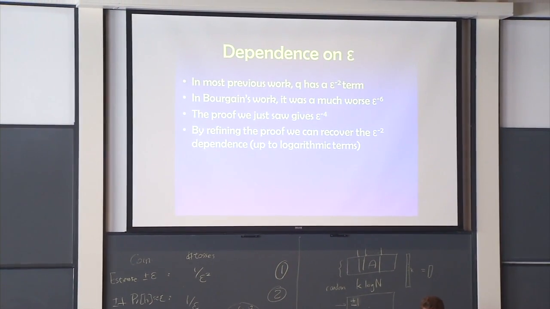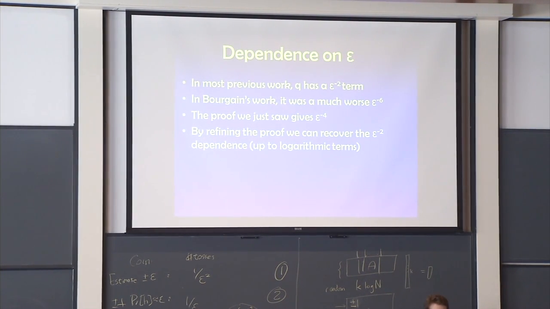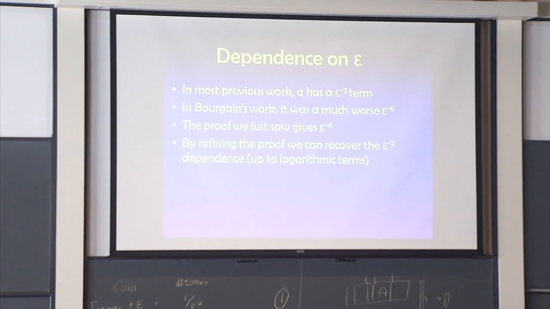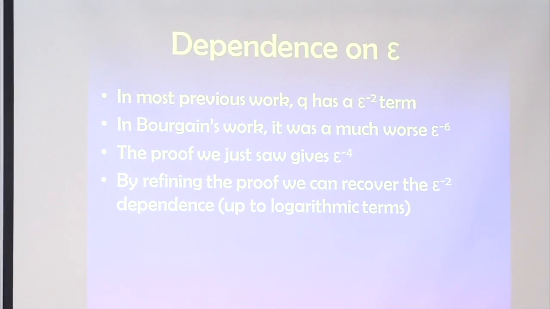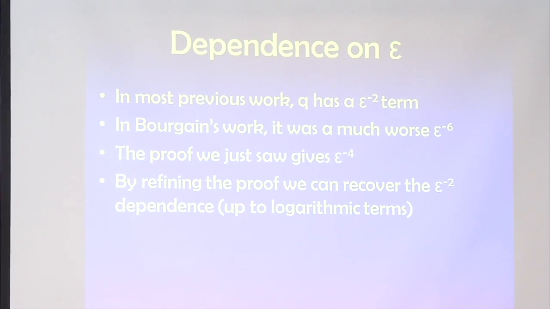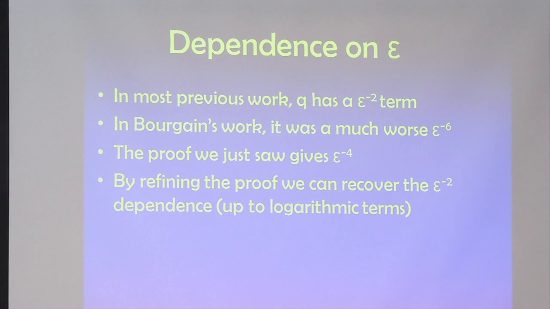One thing I didn't tell you is how things depend on epsilon. I wanted to hide this extra parameter, if it's something you care about. In most previous work, the dependence on epsilon is like epsilon to the -2, because there's a quadratic dependence on 1/epsilon. In Bourgain's work, it was worse. I think he just didn't care. It was 1/epsilon to the 6.